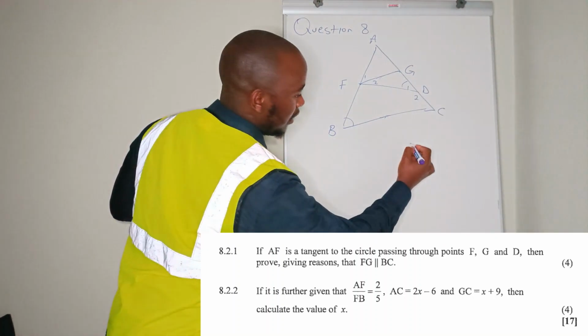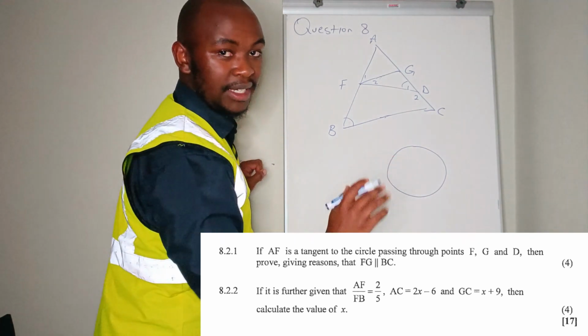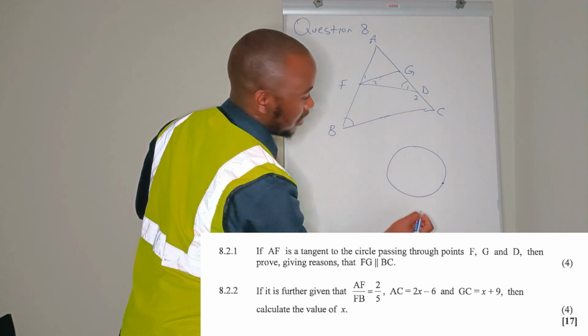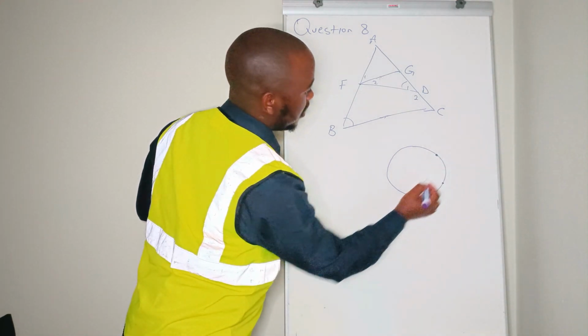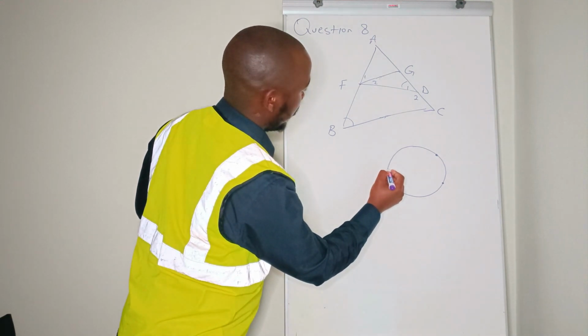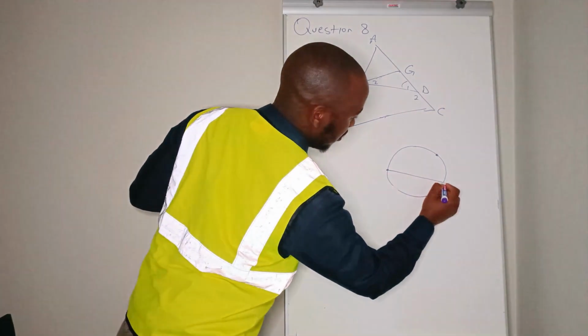So we have a circle, a very bad circle. In there we have the point D on the circle, we have the point G on the circle, and we have F on the circle. These are connecting like this.